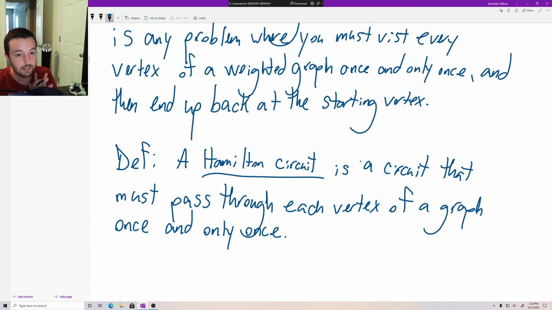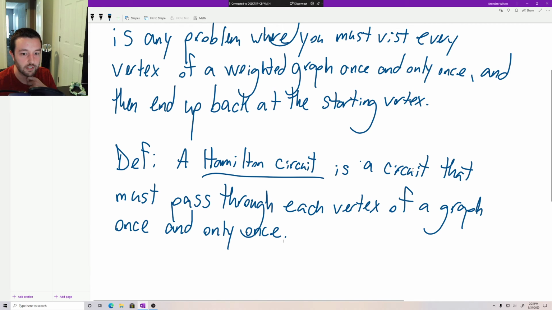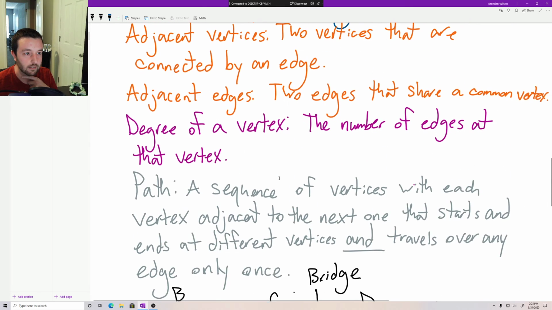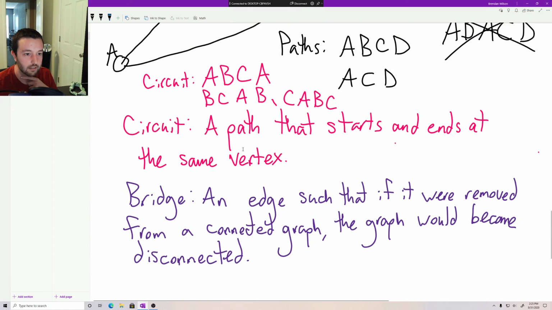So at first glance, this is harder to accomplish than an Euler circuit, right? Because with an Euler circuit, we often had to use the same vertex many times. So this will be a bit more limited than that. Remember, it still has to follow the same definition of a circuit because it is a circuit. If we go back to our initial definition of a circuit, it's a path.